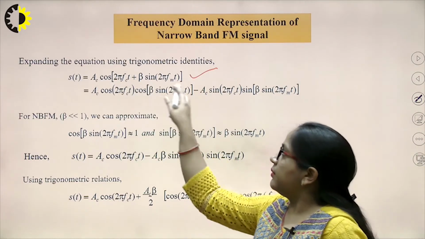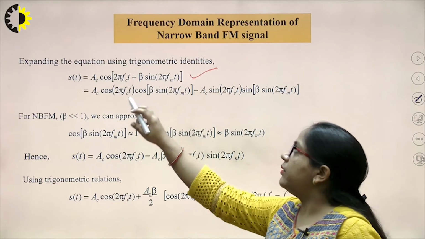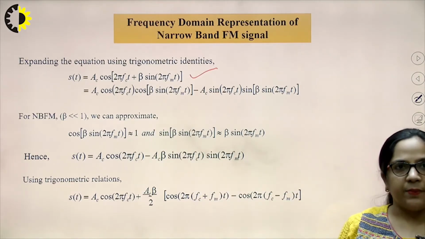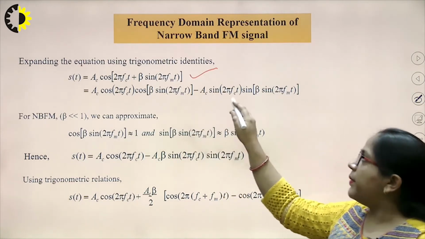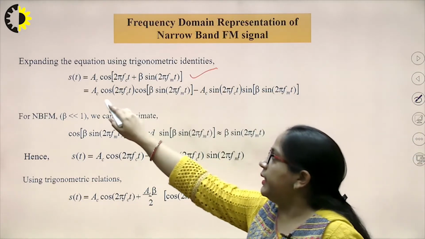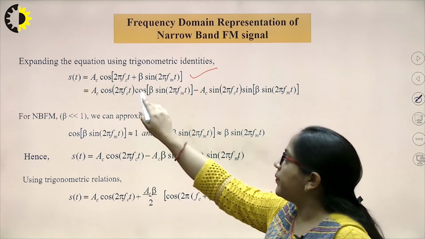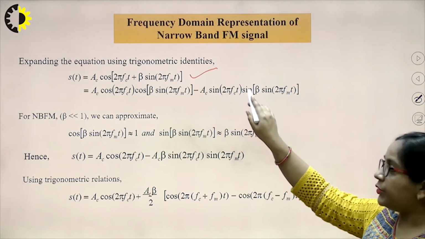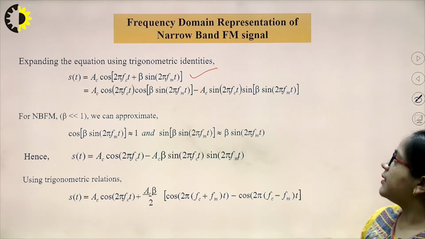Expanding this expression, that means opening the bracket, with the help of the trigonometric property cos(a plus b) equals cos a cos b minus sin a sin b, we will get Ac cos 2 pi fc t into cos(beta sin 2 pi fm t) minus Ac sin 2 pi fc t sin(beta sin 2 pi fm t).